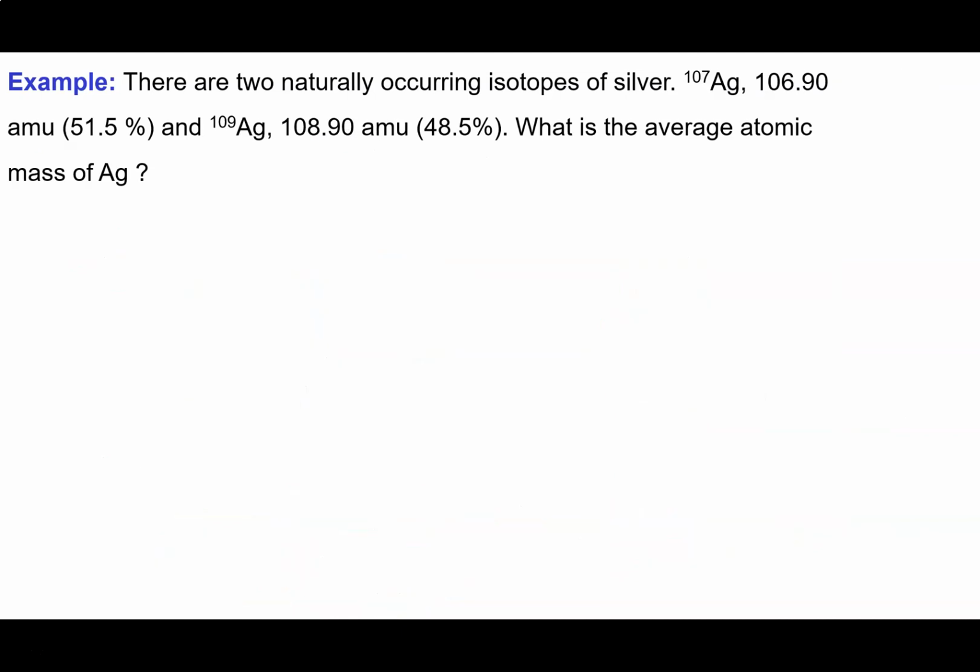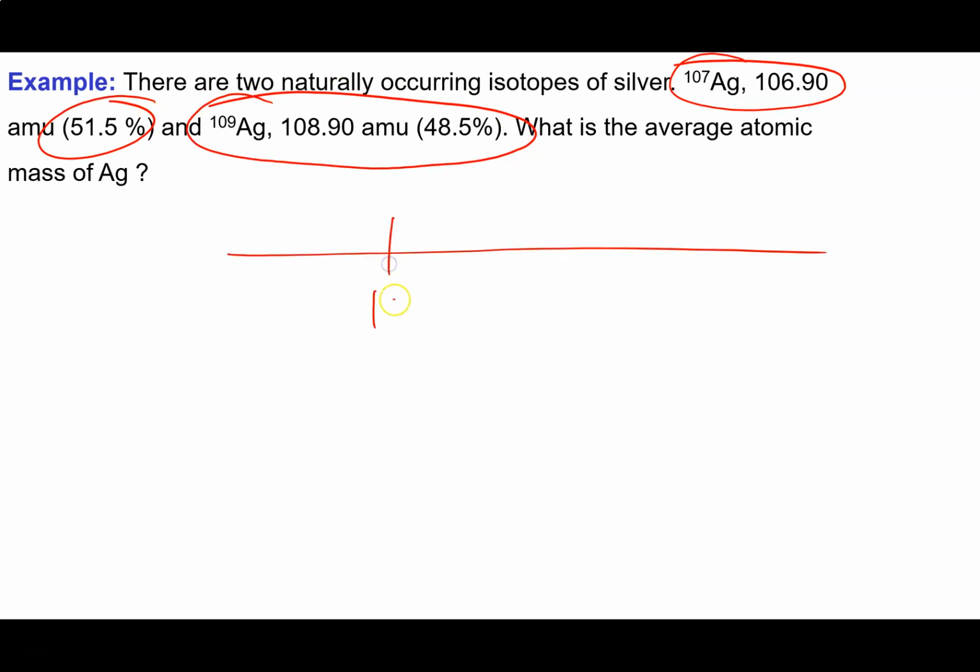Okay, we can do one more. I talked about this one earlier. We've got two naturally occurring isotopes of silver, silver 107 with that mass and this abundance, and silver 109 with this mass and abundance. So let's draw a little number line here. We've got 107 here, 109 there, and it's like 51.5% of that one and 49.5% of that one.